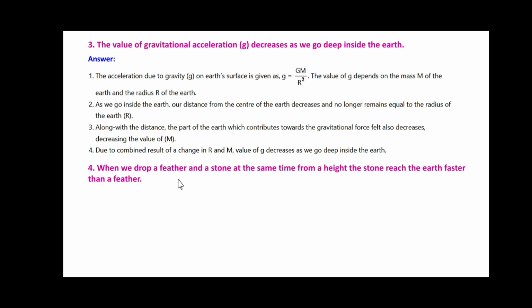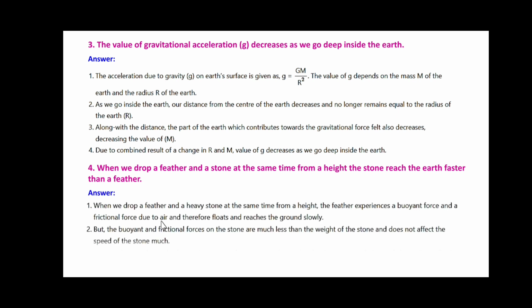When we drop a feather and a stone at the same time from a height, the stone reaches the earth faster than the feather. Here, when we drop a feather and a heavy stone at the same time from a height, the feather experiences a buoyant force and a frictional force due to the air and therefore floats and reaches the ground slowly.